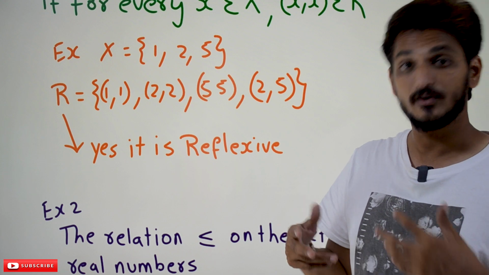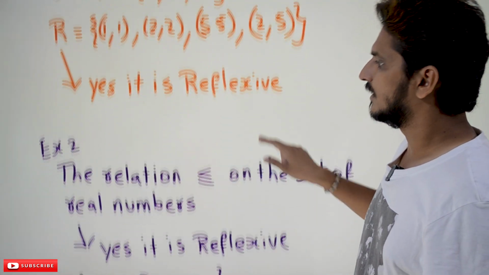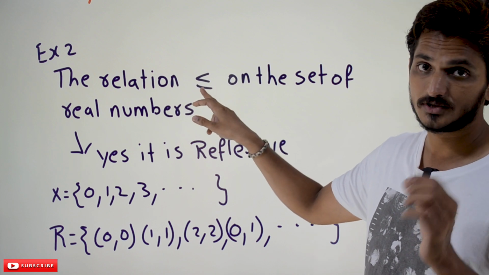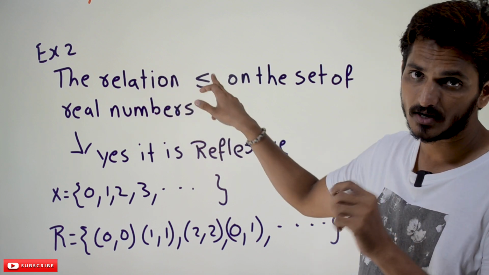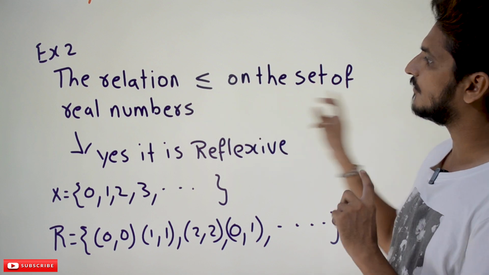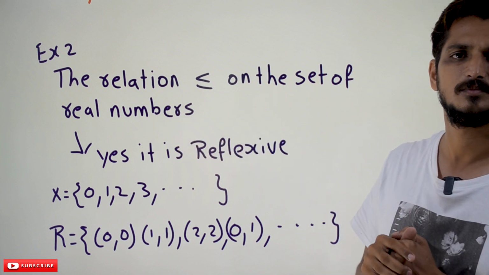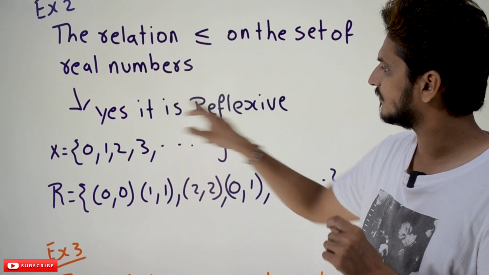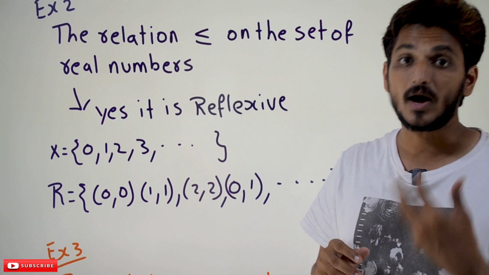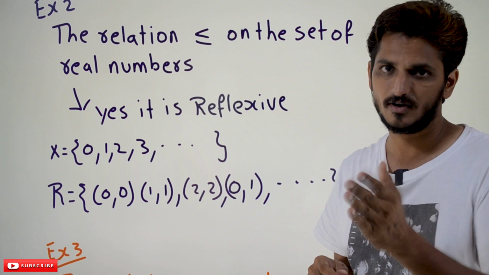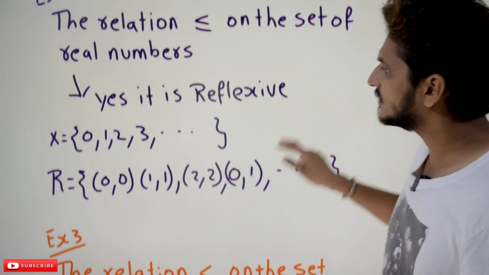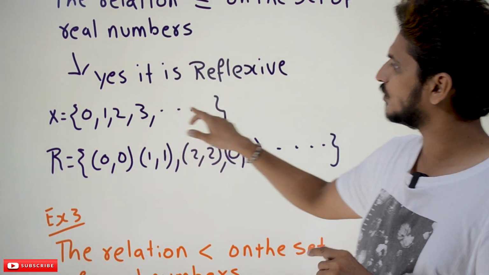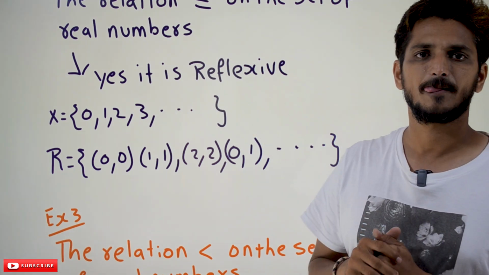So for better understanding, we do some more examples. Example 2: the relation less than or equal to on the set of real numbers. Is it a reflexive relation? Yes, it is. Why? Let's take the set X as all the real numbers, meaning 0, 1, 2, 3, and so on up to infinity.